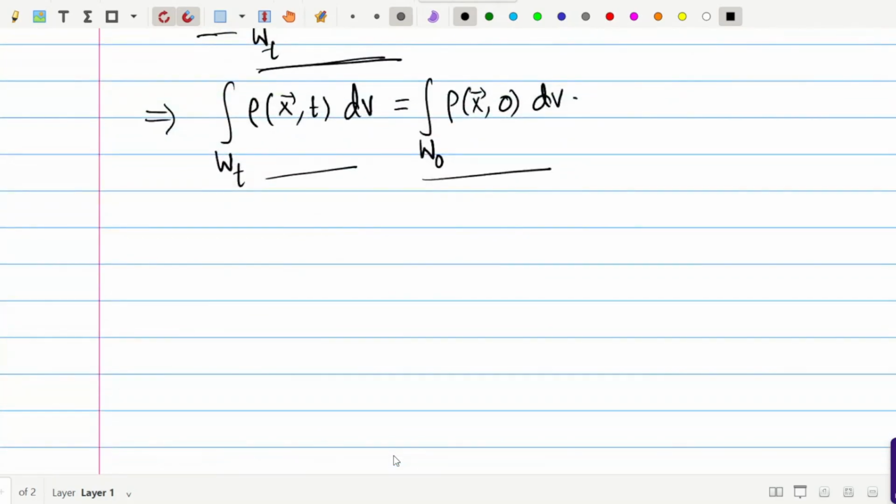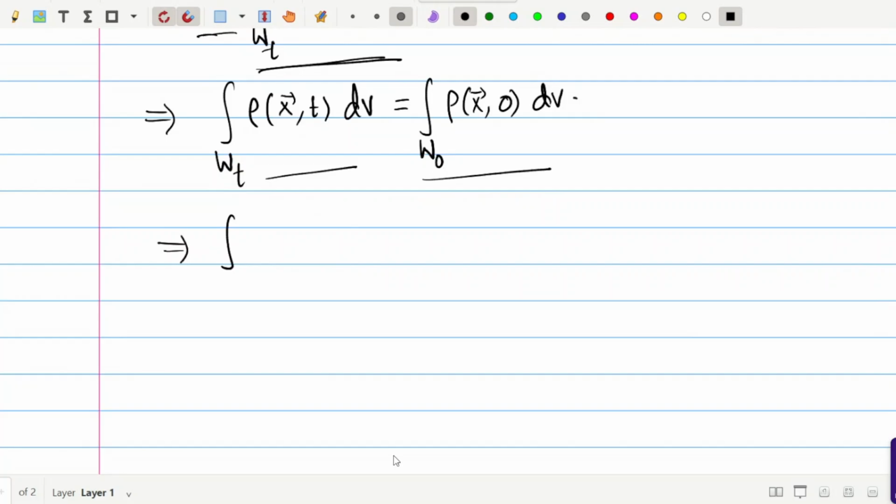Both are the same, right? So now you use the change of variables. Once you fix it at time equal to 0, initially W is nothing but your W, no?